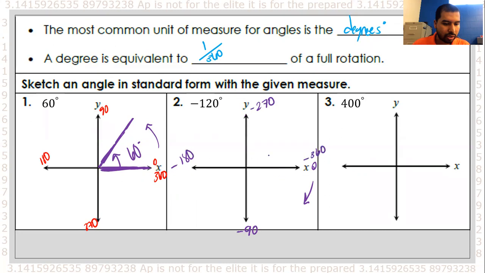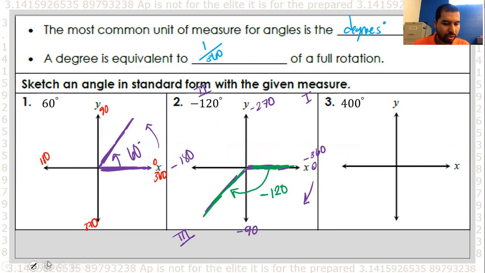So negative 120 appears to be landing in quadrant, let's label 1, 2, quadrant 3. So it looks like it's going to go right here from the standard position. I'm going to draw it with a different color because it appears I have too much purple. So I have it like so, right? So right here to here, we can see that this is negative 120.